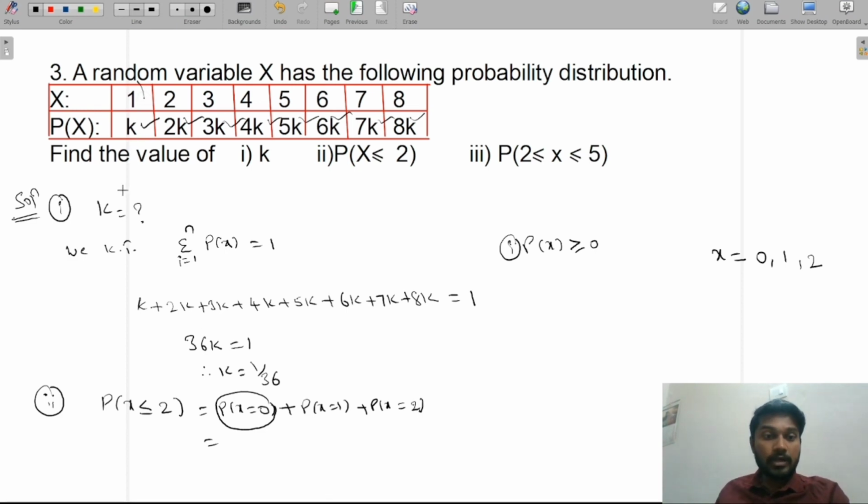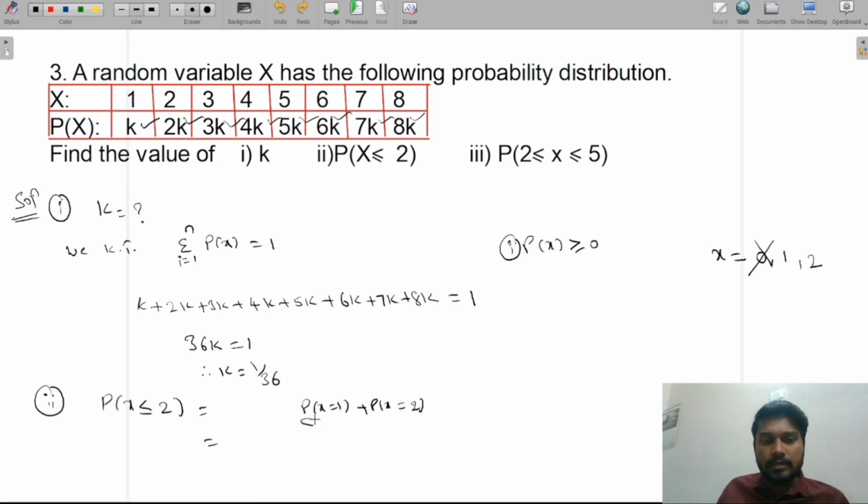Very good question. In this table, do you have x value 0? No, right? So x won't take 0, so I'm removing it. So x can take only 1 and 2, because in the table I'm not having 0.